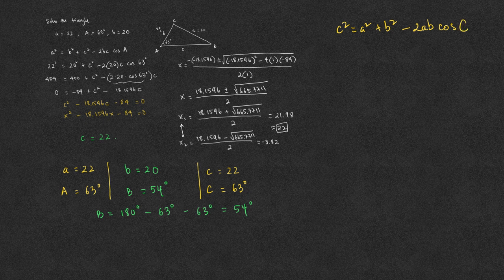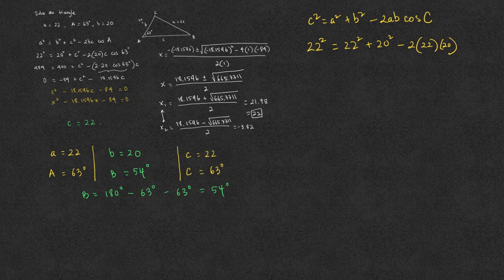We found the lowercase c, 22. The lowercase a is given 22. The lowercase b is given 20. Minus 2, a is 22, b is 20, and we still need to multiply cosine of the capital C, which is unknown, we assume. Again, we found it, but we want to confirm this, so assume that we don't know at the moment. Both sides of the equation have 22 squared, so we can cancel this out.